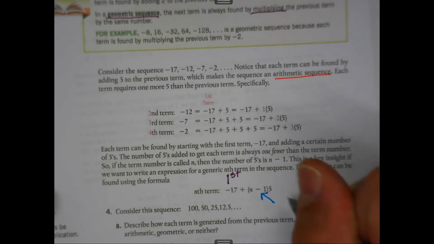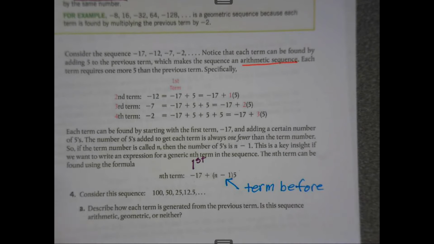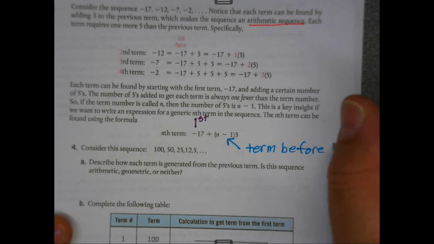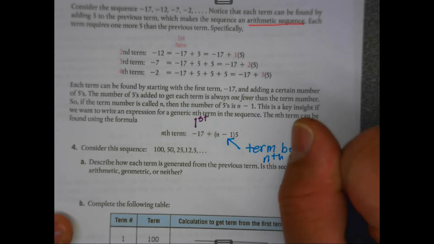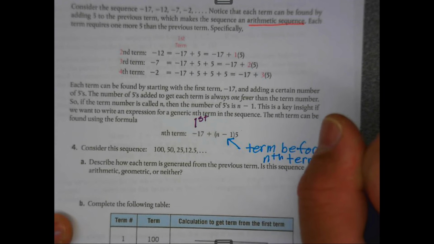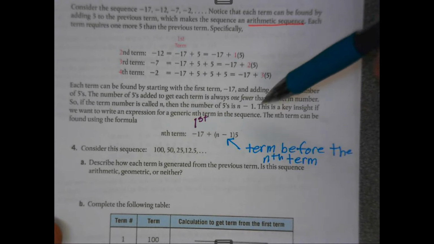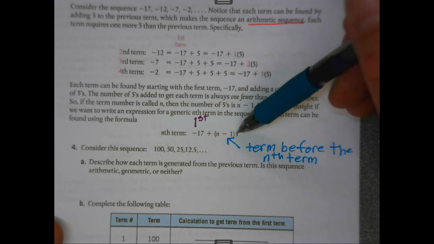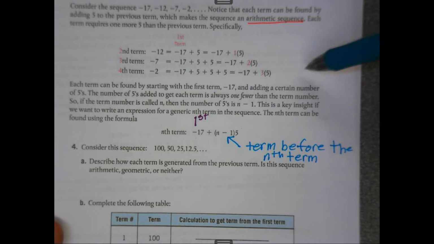And what we actually did was we multiplied that by 5. So the first term was -17. We're trying to get to the nth term.